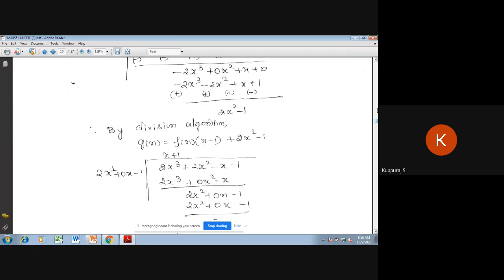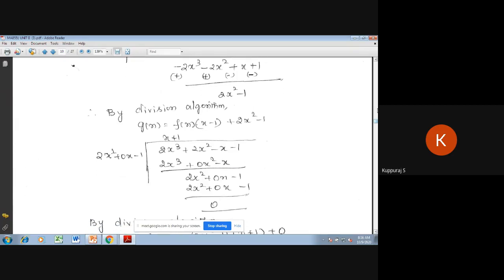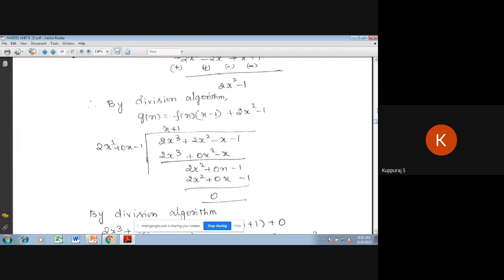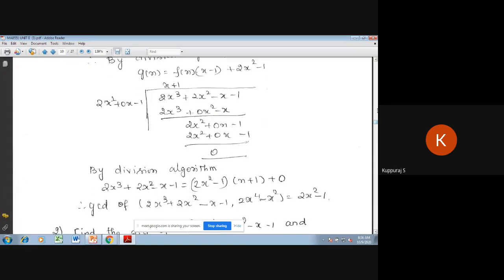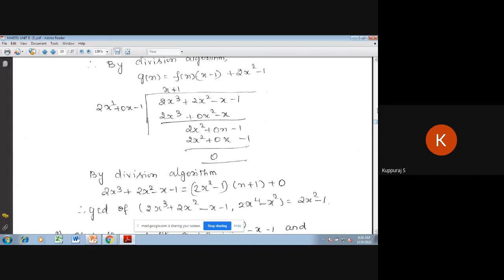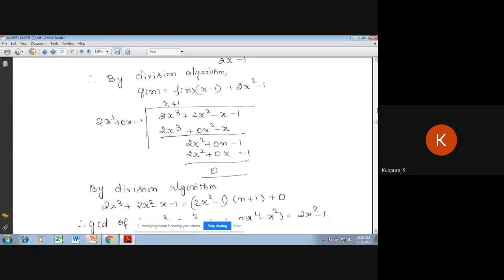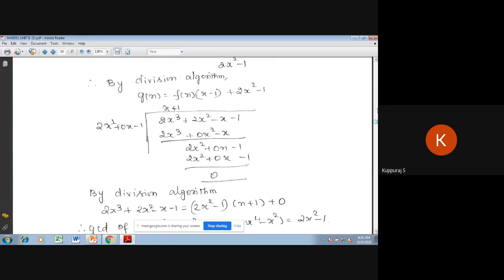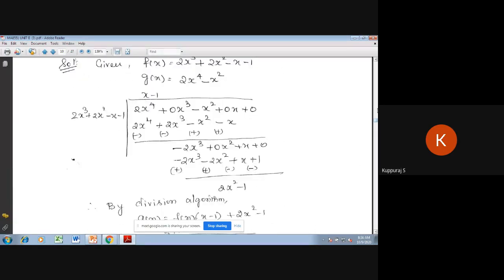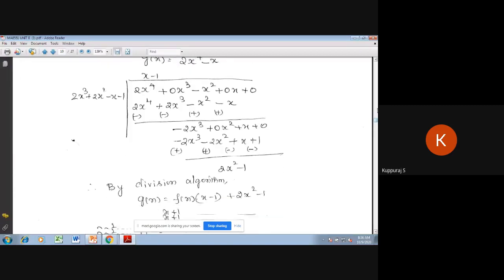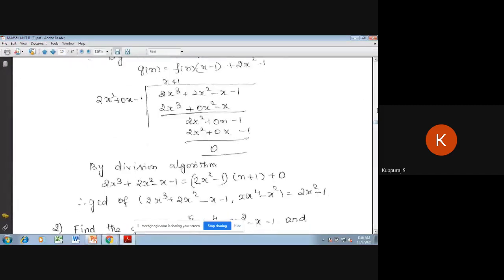When 2x cube plus 2x square minus x minus 1 is divided by 2x square minus 1, you get the quotient x plus 1 and the remainder 0. Now the GCD between the two polynomials is 2x square minus 1.